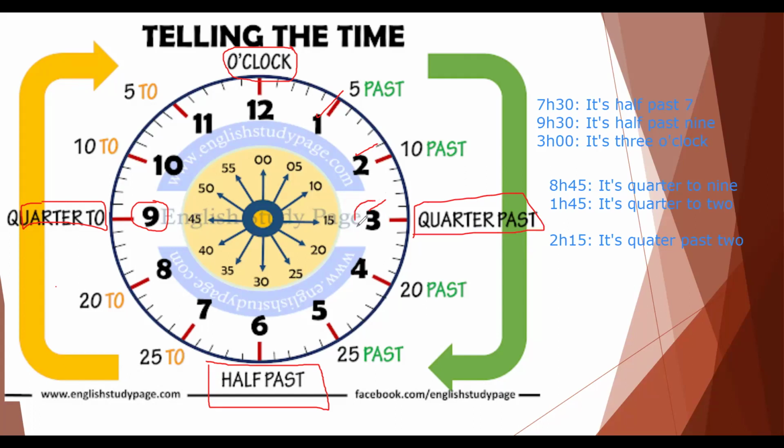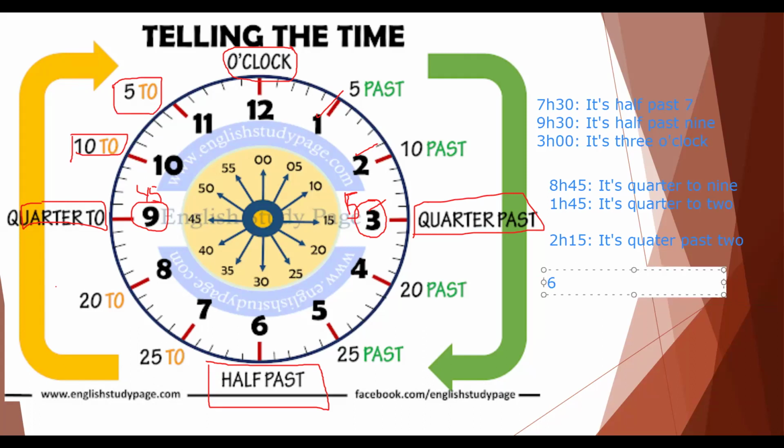Okay. When we have the minute 15. Este es el minuto 15, and this is minute 45. Okay. Que también, por ejemplo, podríamos decir 10 para las 3, 5 para las 3. Entonces, en ese caso, usamos 10 to o 5 to. Lo mismo acá. Cuando tenemos otra hora que es diferente al quarter y al half.